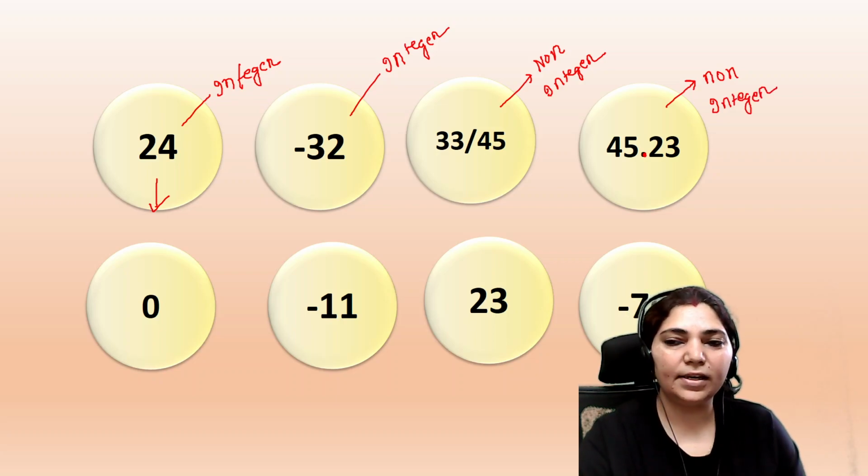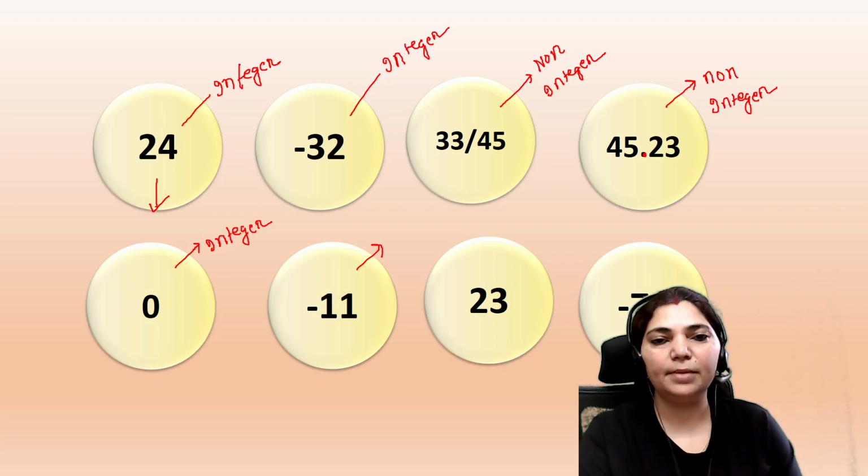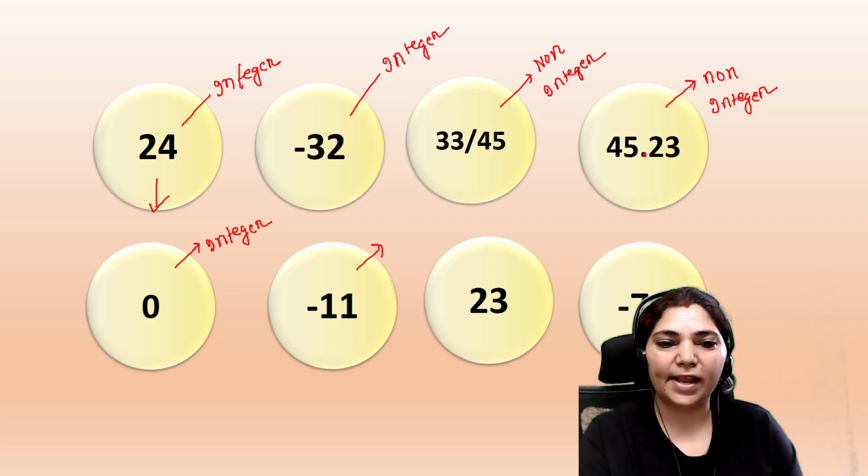Then comes the next one, 0. 0 is neither positive nor negative. It is a neutral number, but yet we will call it an integer. Next comes -11. This is a whole number. Maybe it is a negative number, but it is a whole number. It is not a fraction. It is not a decimal number. That's why it is an integer. Next comes 23. 23 is also an integer.